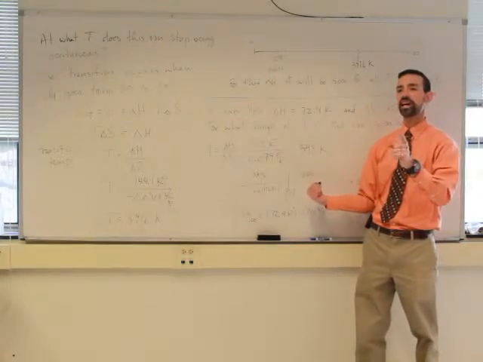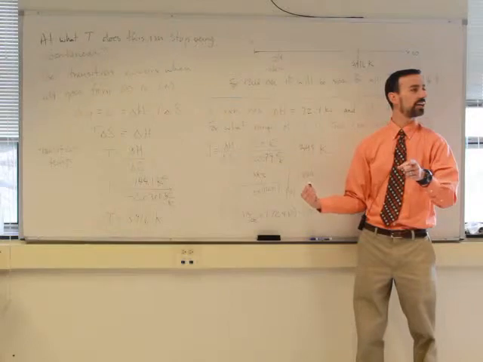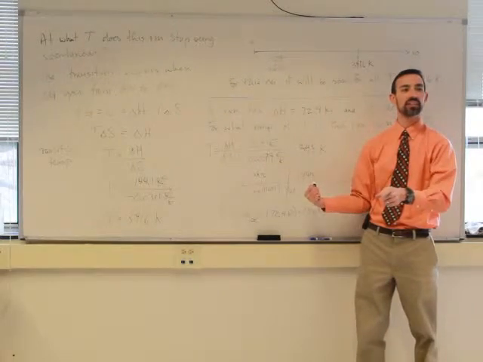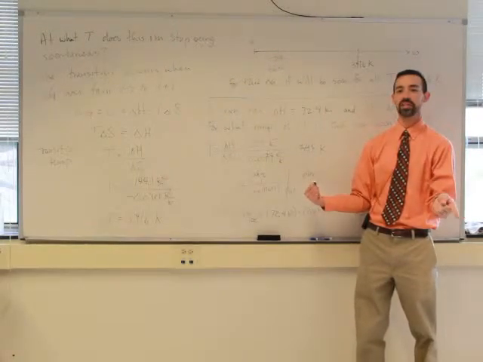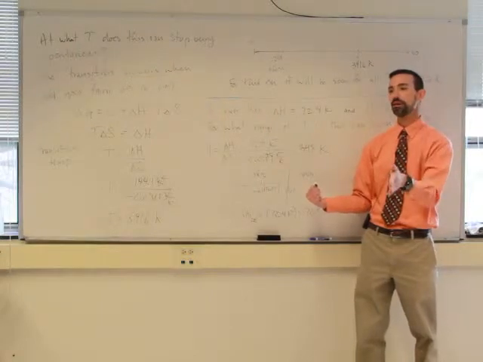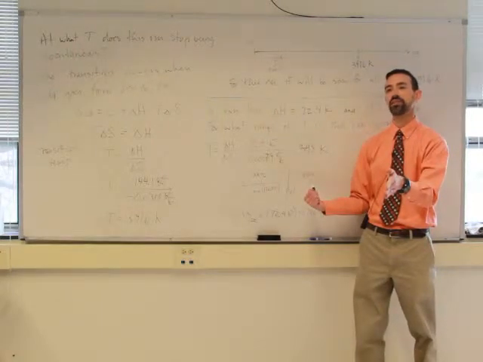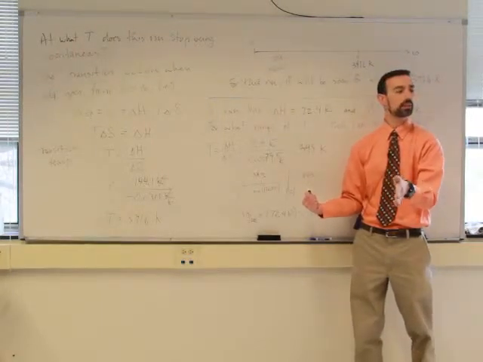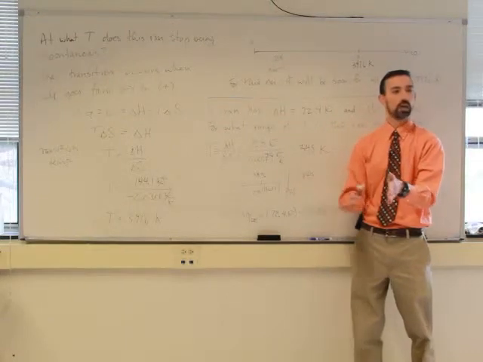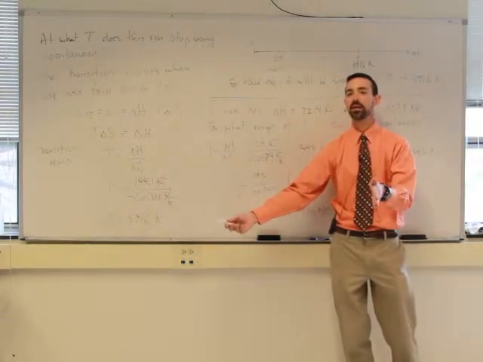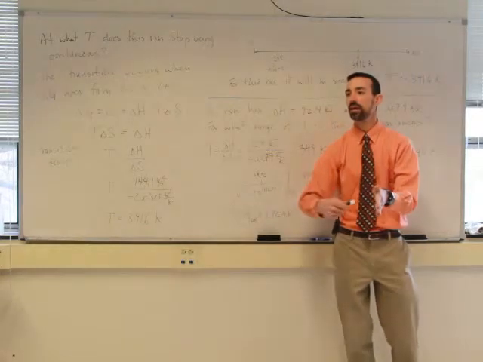Remember me mentioning the ice cube in class earlier today? How it will not melt in a freezer, but it will melt when you put it on a table, right? 0 degrees Celsius, 273, is the transition temperature for that process. Below 273, the ice does not melt.